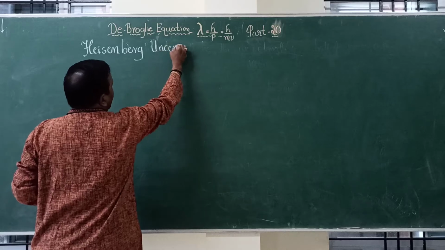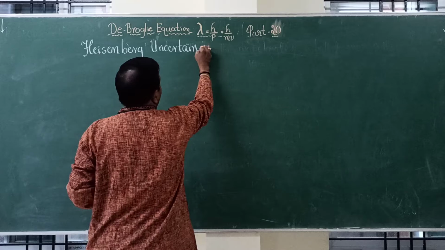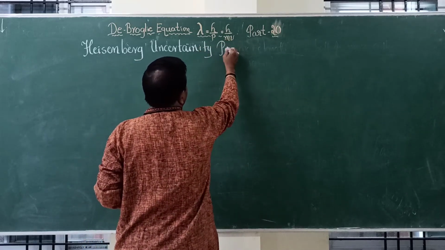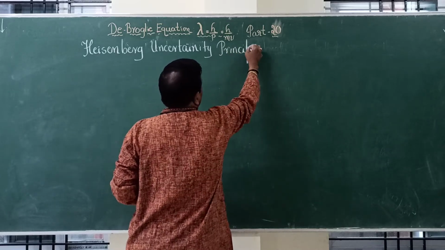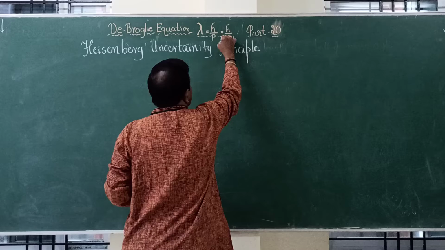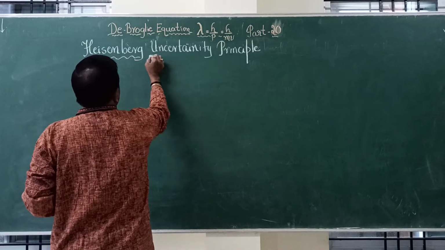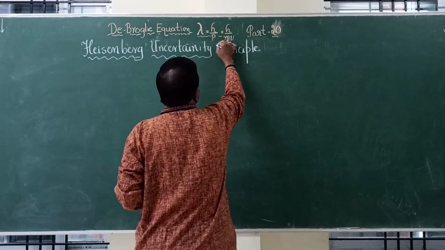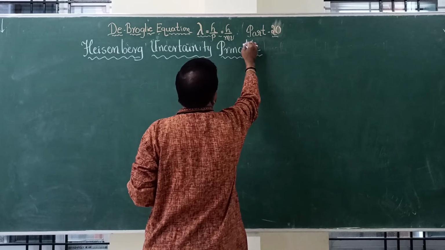Heisenberg's uncertainty principle is going to disprove the existence of orbits.